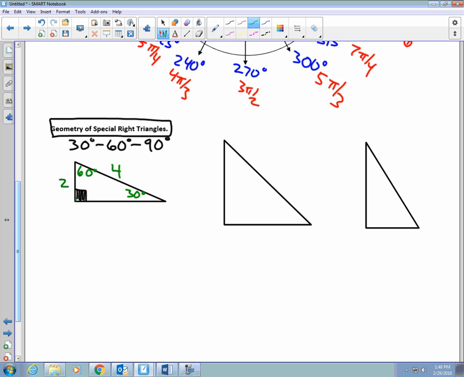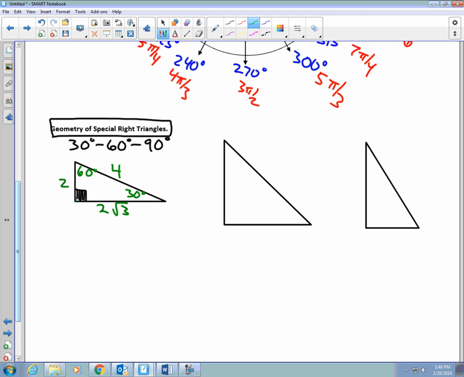Yes, we'll do that in a second. But do you remember how to go from here to here? We'd always take this and multiply by 2. Do you remember how to go from here to here? You multiply by the square root of 3.